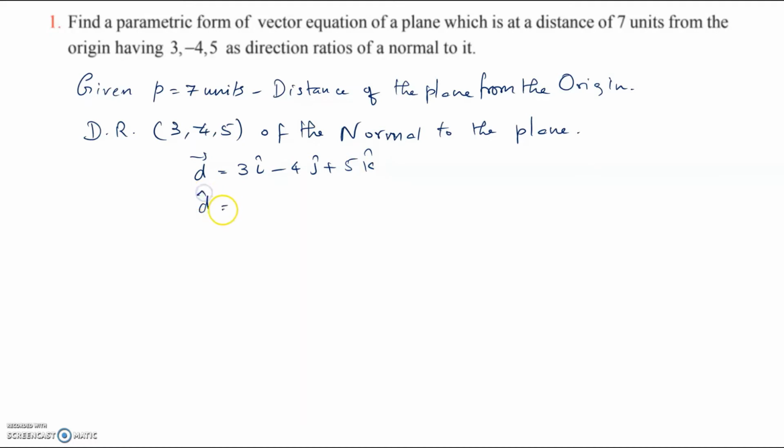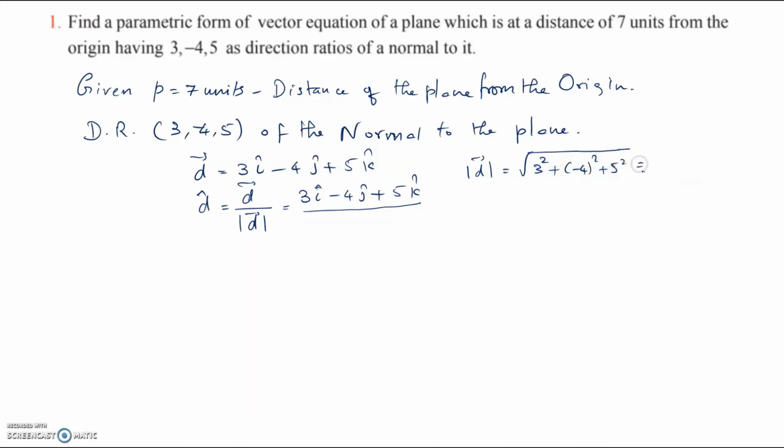So the unit vector D cap will be equal to vector D divided by the magnitude of D. The magnitude of D is equal to square root of 3 squared plus minus 4 squared plus 5 squared, which is equal to square root of 9 plus 16 plus 25, which is equal to square root of 50, which is equal to 5 times root 2.